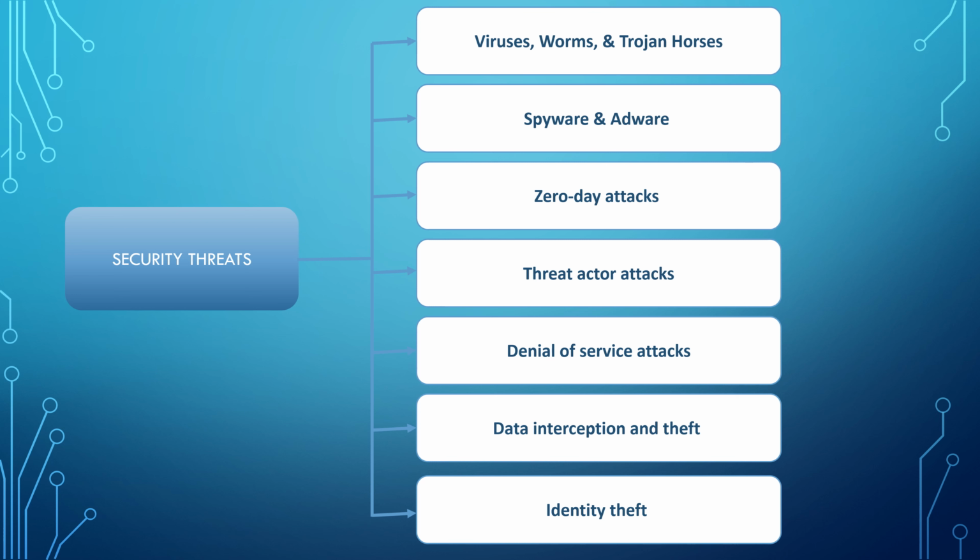With the evolving bring your own device trends, corporate data is much more vulnerable. Therefore, when developing a security policy, it is important to address both external and internal security threats.